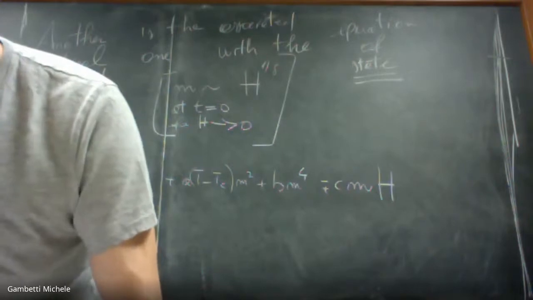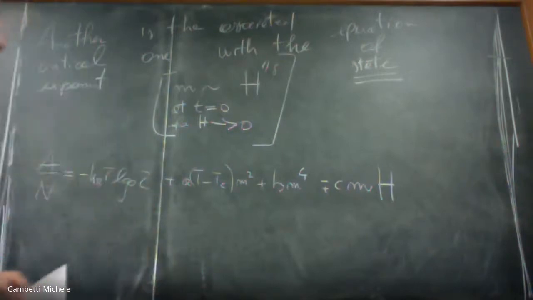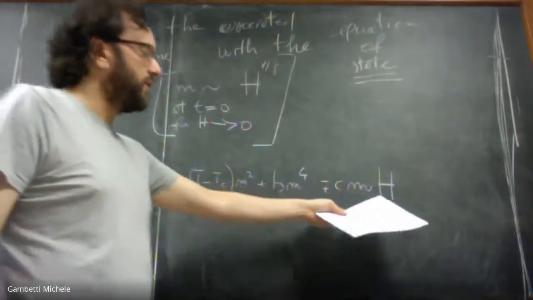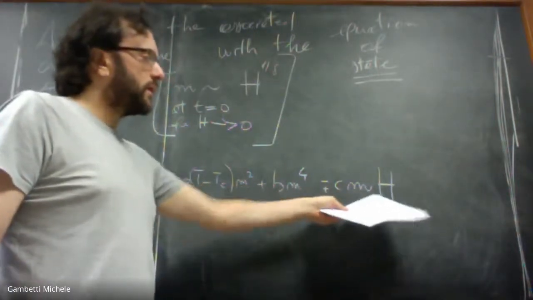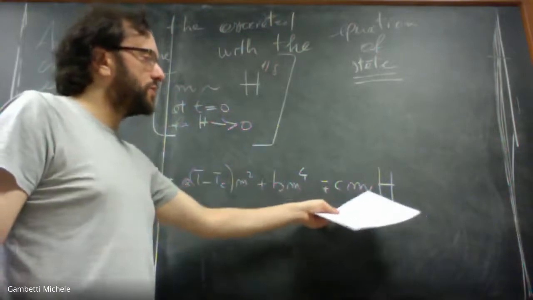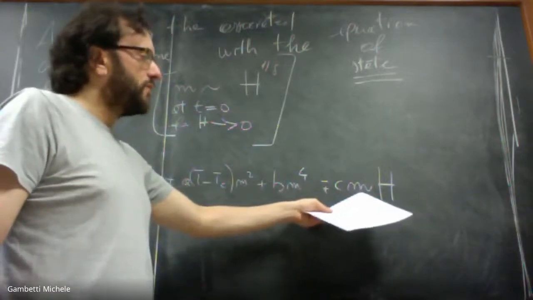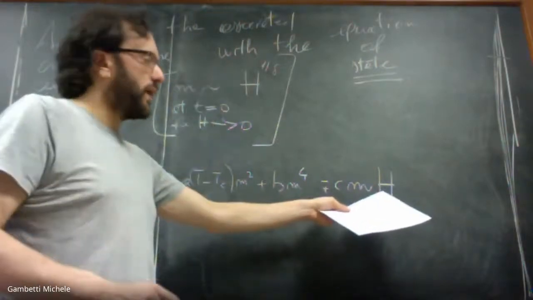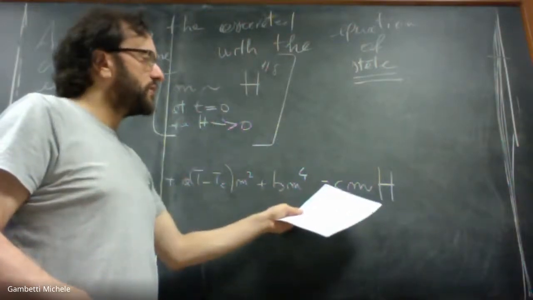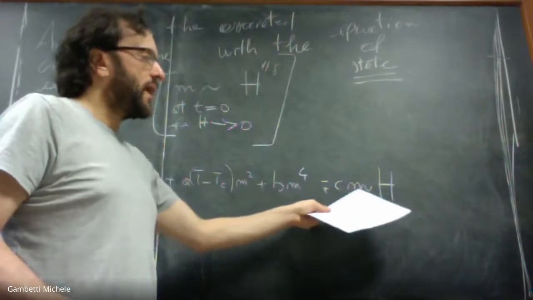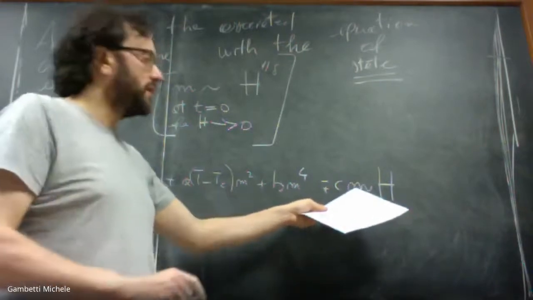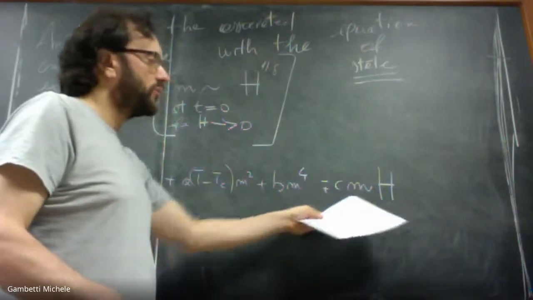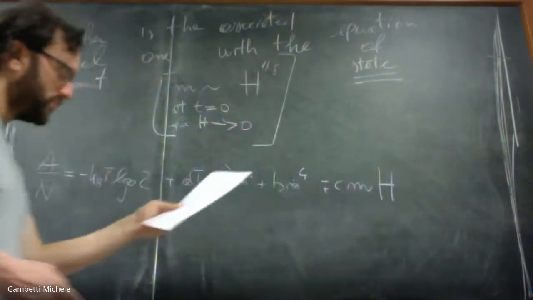So if you want, the better way to understand this term is that if you have an external magnetic field, there is a direct coupling between M and H, which is the standard one. So if the magnetic field is pointing in a certain direction, you minimize the energy by having the M parallel to the magnetic field, or you maximize the energy if you have M opposite to the magnetic field. It's basically the point.